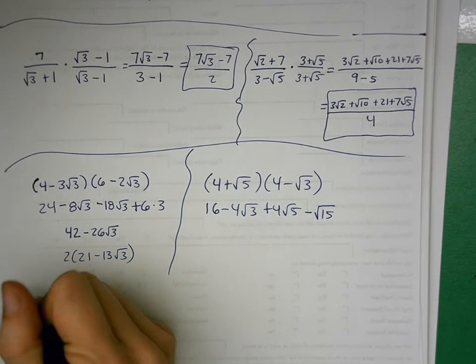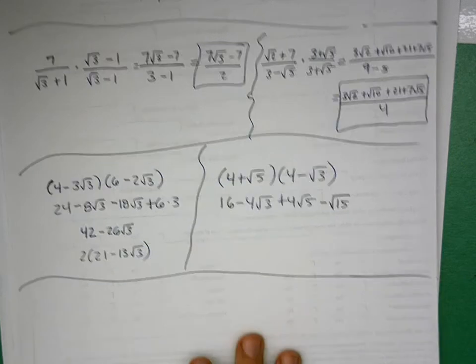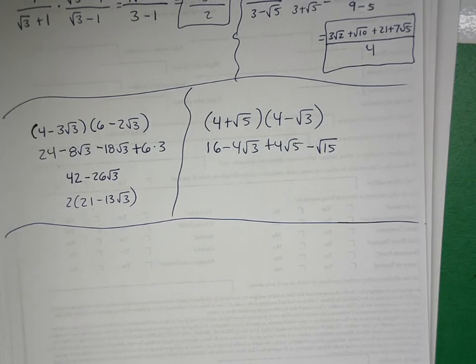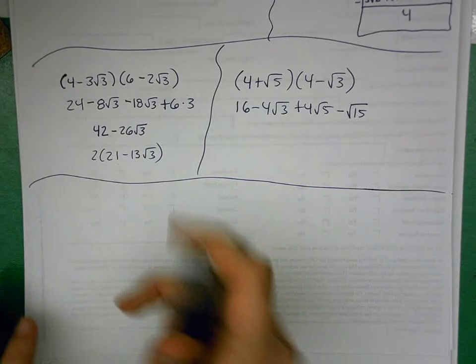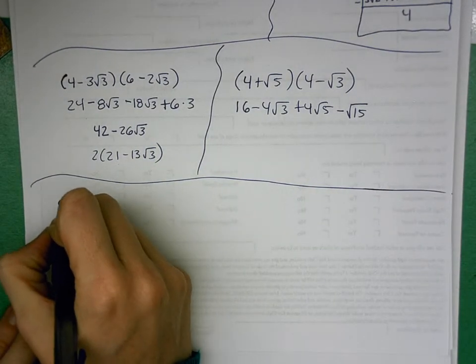Okay, next up we've got those kind of complicated fraction reducing problems. So I've got a couple here for you. So the first one are the ones that are the complex fractions.